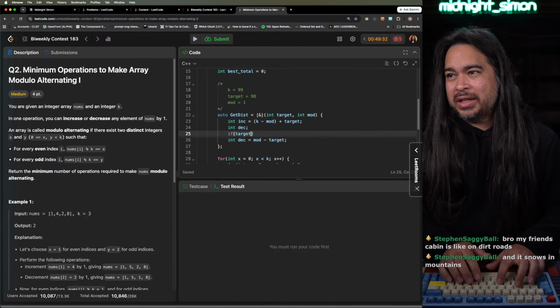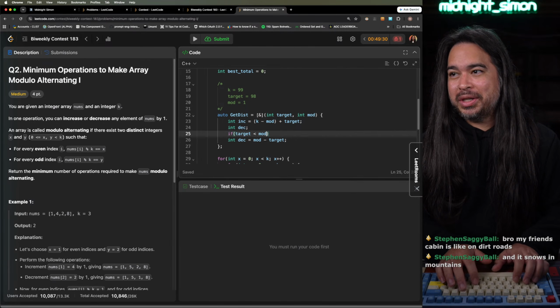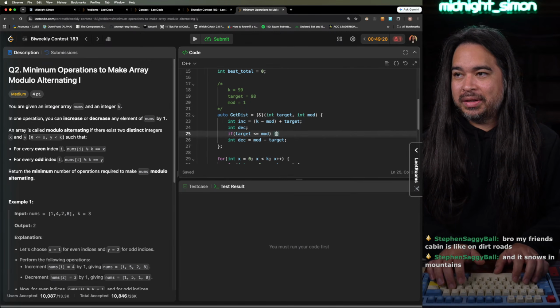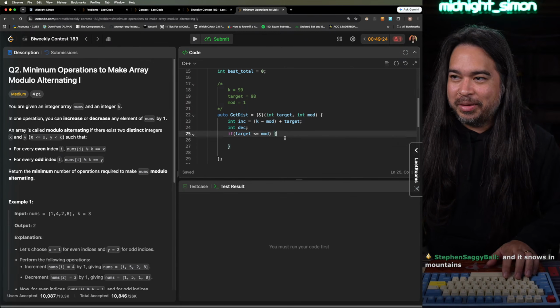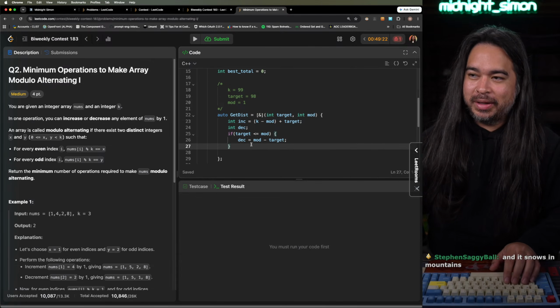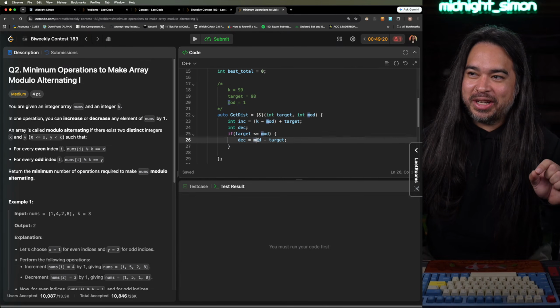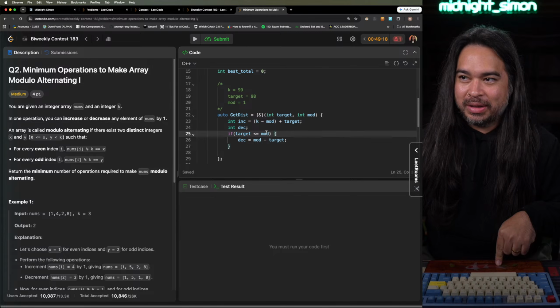So if the target is less than our mod, I'm gonna just do, this is like elementary math stuff probably. So if the target is less than our mod, I'm just gonna subtract it, man.